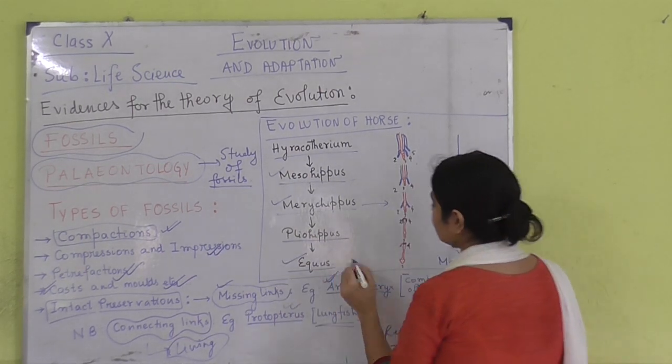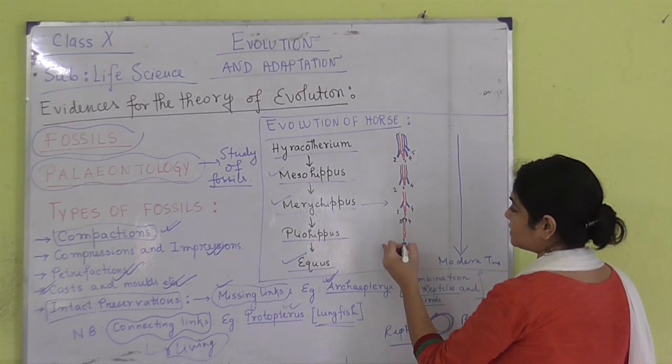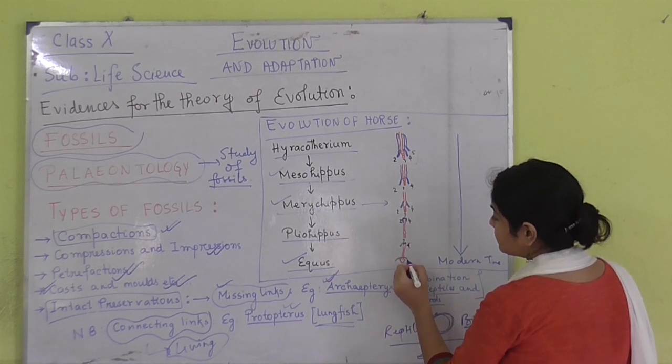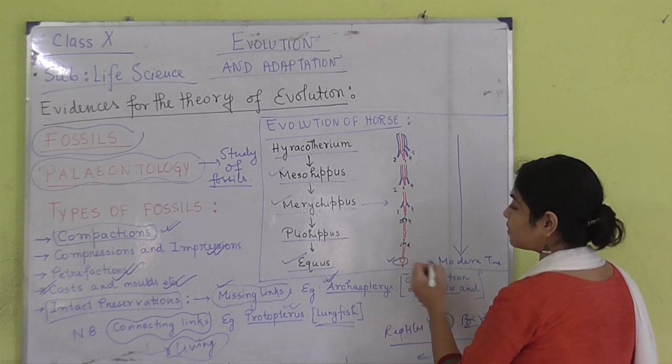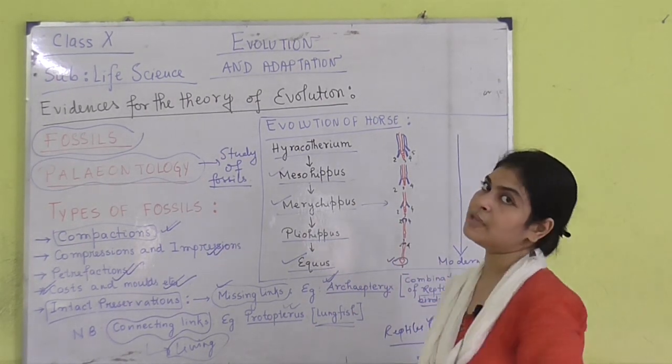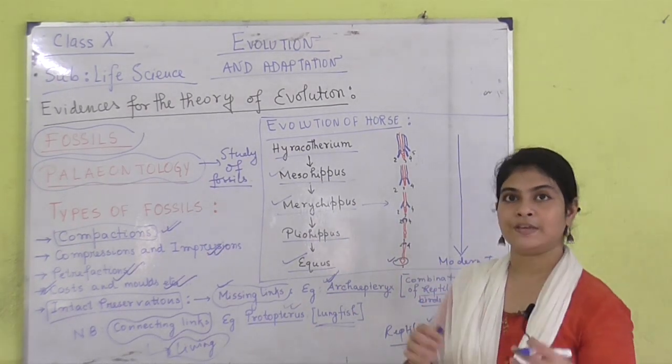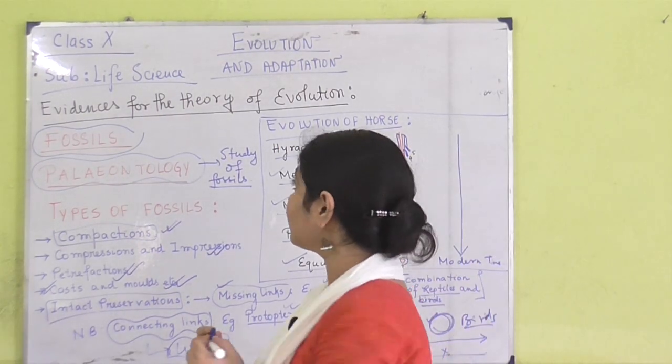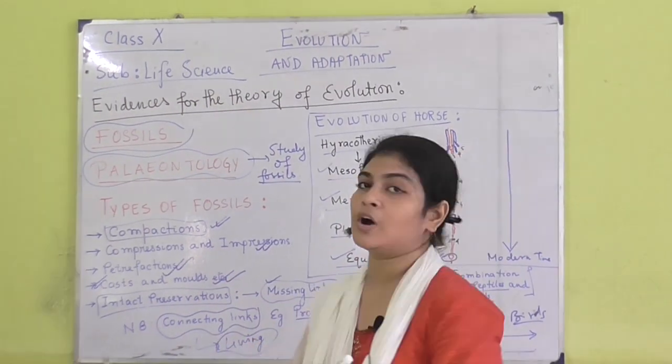And when we are coming to equus, they have totally placed themselves over here, and considerable formation of the proper hoof is seen in the equus, which is not seen in any of the previous horses. So this is the evolution of horse.